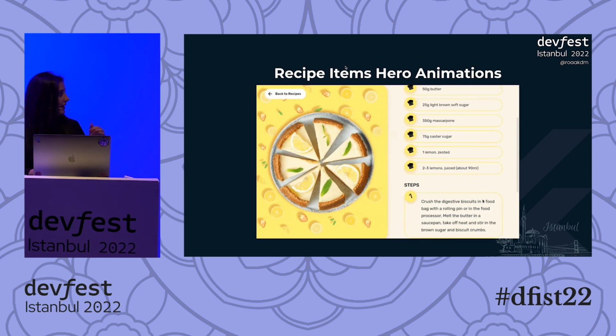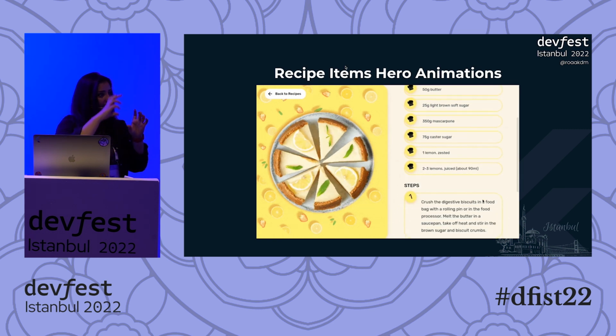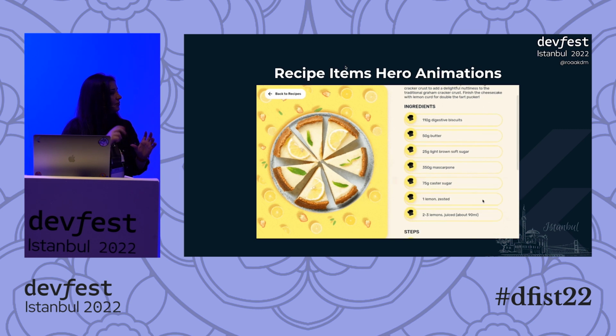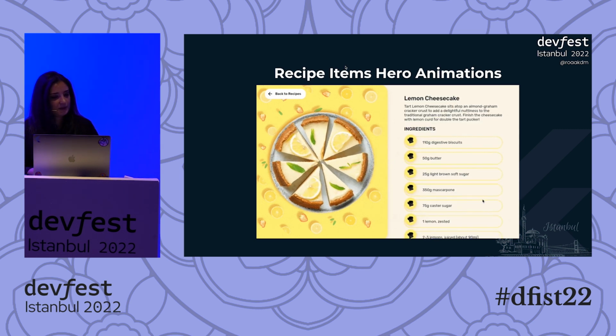So if you don't handle this case, it will be rotating in an angle, and then when you pop the page, it will snap back to its position and the animation won't be smooth.